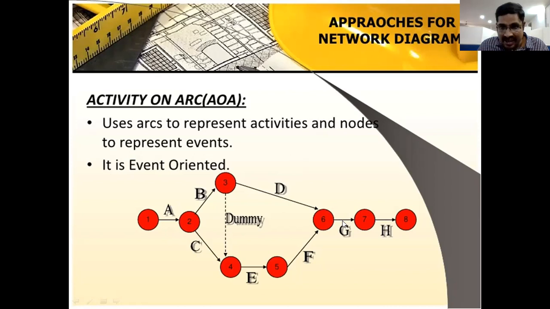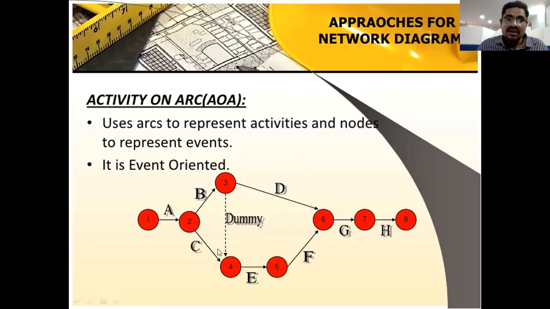This arrow is the activity, and its name is G. Nodes 7 and 8 are connected by one arrow, and this activity's name is H. So activity on arc means naming each and every activity: A, B, C, D, E, F, G, H.